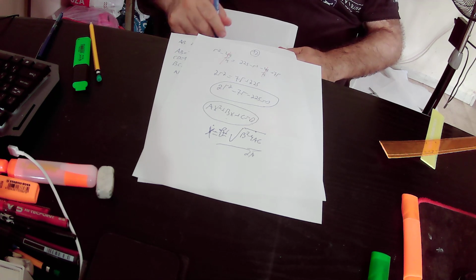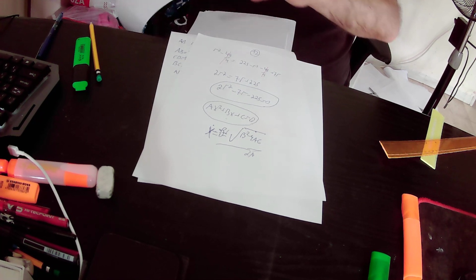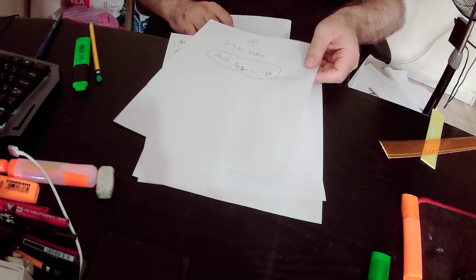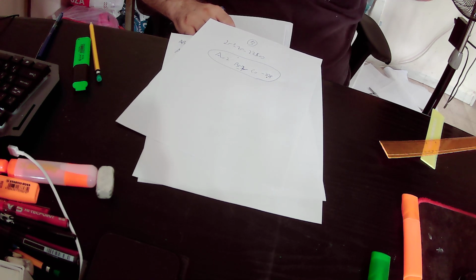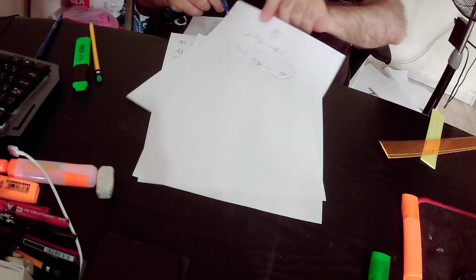Okay, we have the coefficients of our specific quadratic equation: a equals 2, b equals minus 7, c equals minus 225.